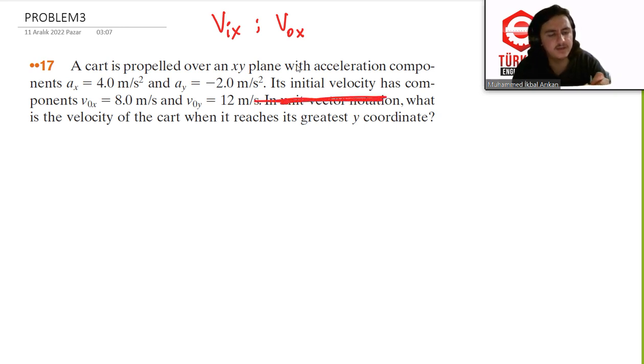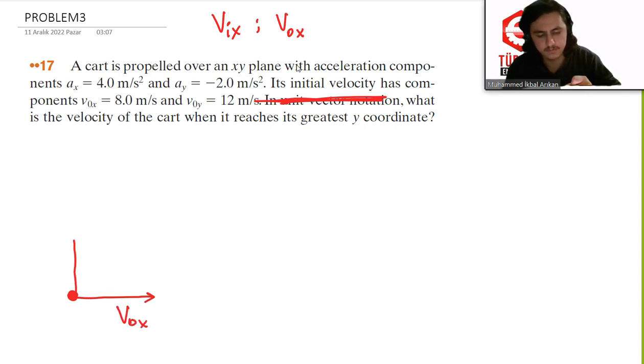In unit vector notation, just forget about it. We are not using unit vectors, just these representations, in college, not now. What is the velocity of the car when it reaches its greatest y coordinate? You are starting from this point, and you have two different components of velocity. So I will put our velocities. I have here V sub 0x, and I have V sub 0y.